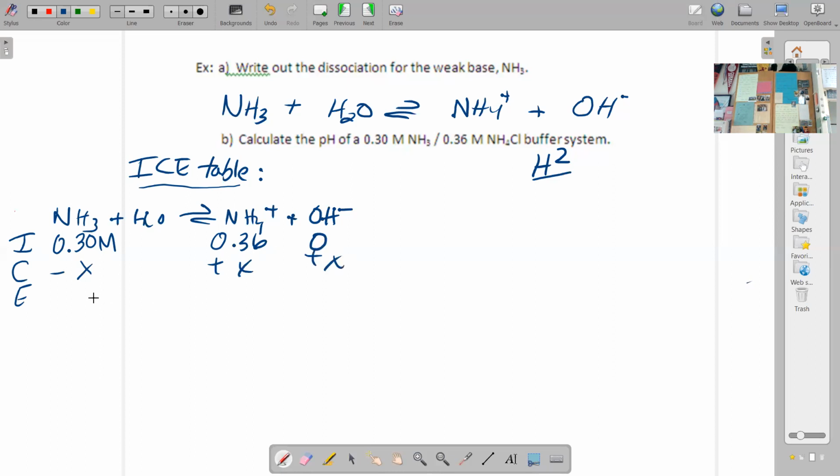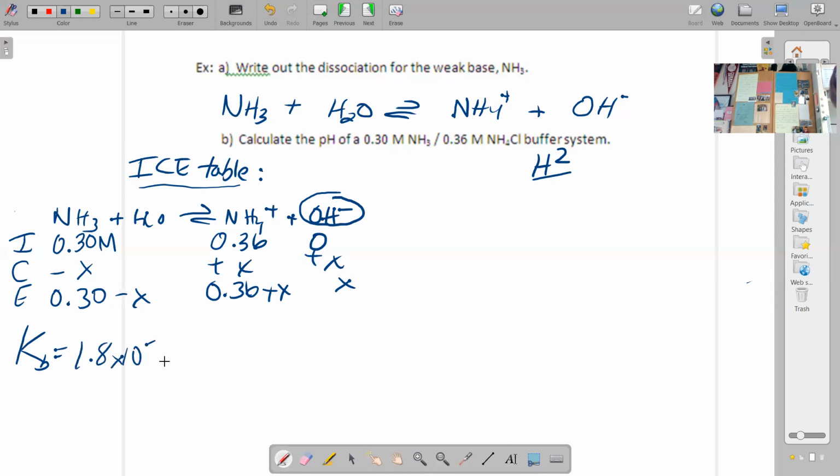Still going to shift forward. And what kind of K value are you using for this base dissociation that generates hydroxide? So you're going to use the same old Kb, which I'm guessing you guys have memorized. Ah, I love it.